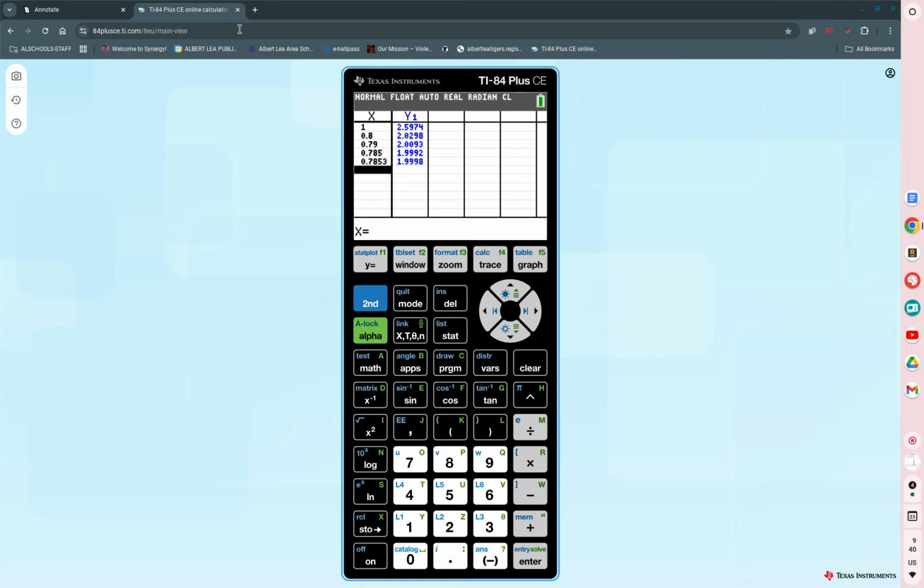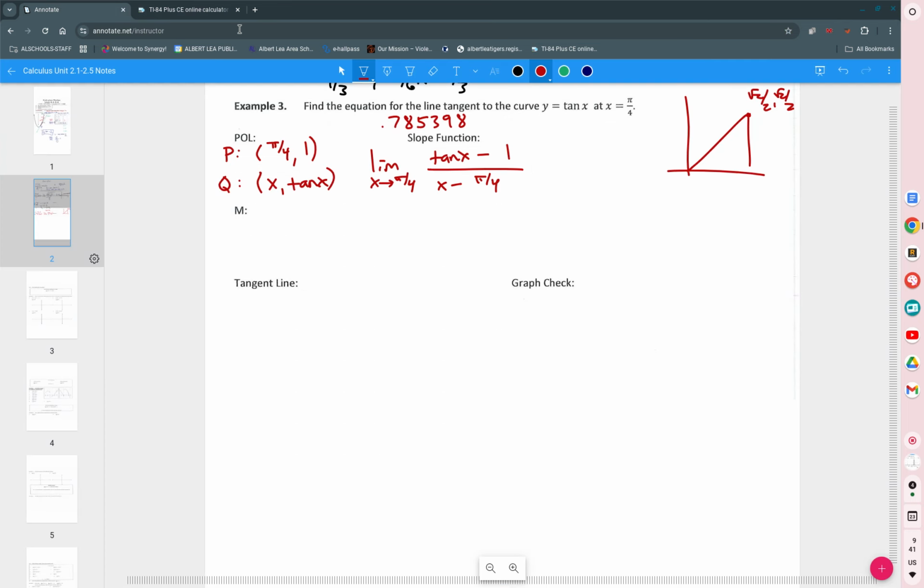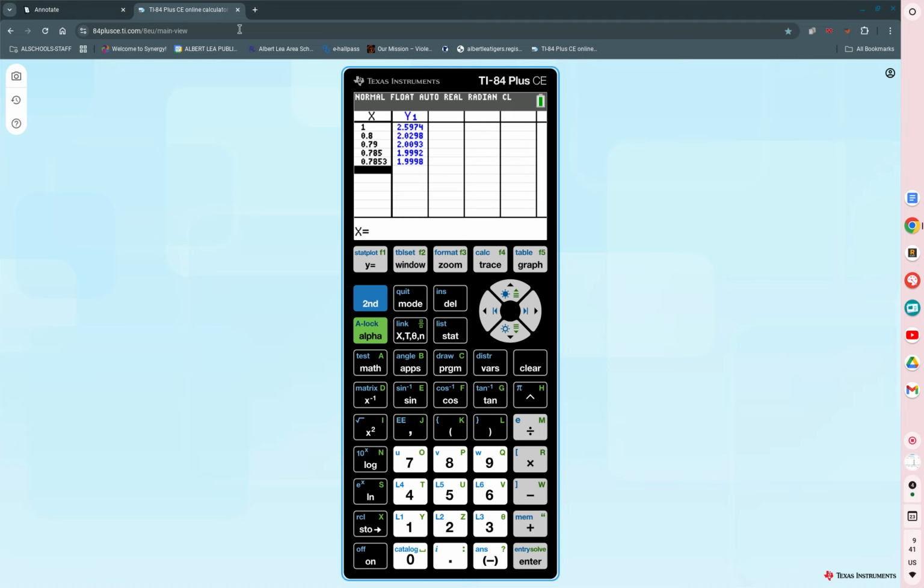Yep, and 1.9 repeating is the same as? Yeah, same as 2. 0.785. And then what was it after that? 398. We go ahead and continue on. It's really getting very close to 2 right here, as you look at your data, headed right on in there.